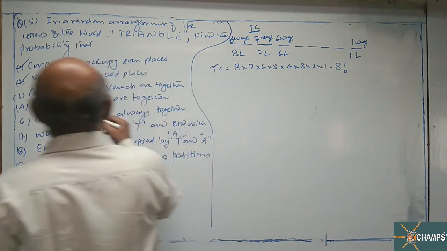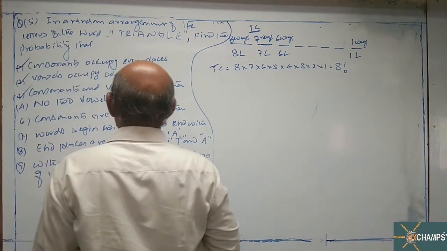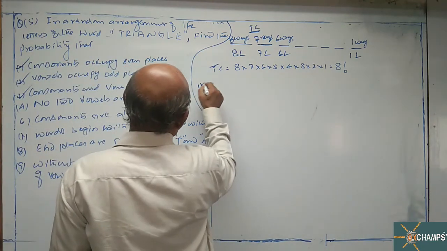Now look at question number 4. No two vowels are together.